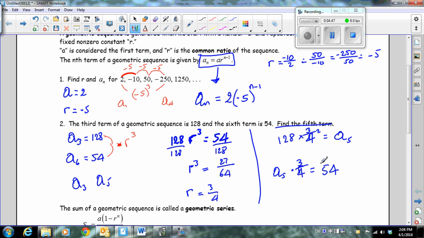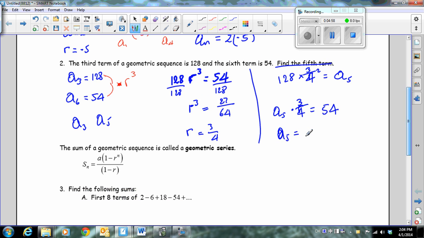Now from here I can just apply simple algebra. So I will have a5 is equal to 54 times 4 over 3. And once you apply it, you get 72 as your final answer. You would have gotten the same thing using the other way.